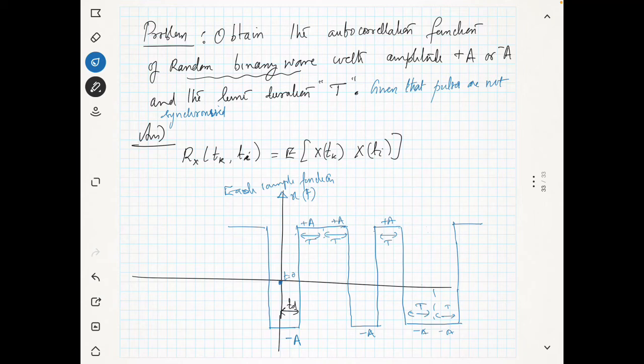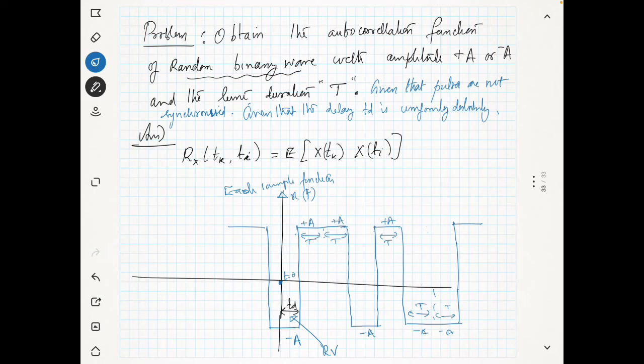So this td is the time delay, and it is given that the delay td is uniformly distributed, okay. So you have to note that this td is a random variable, because it will be changing.